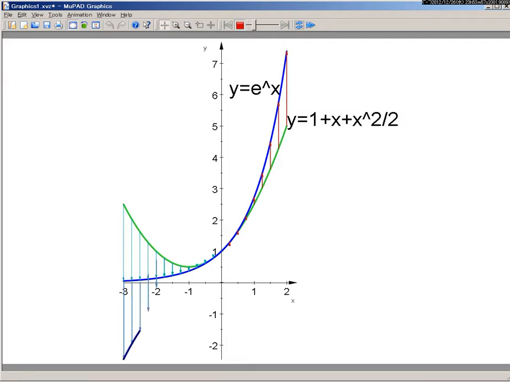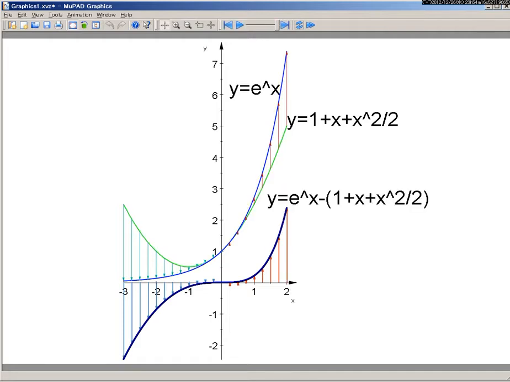First, we are drawing exponential x minus (1 plus x plus x squared over 2). This is the third order residue.